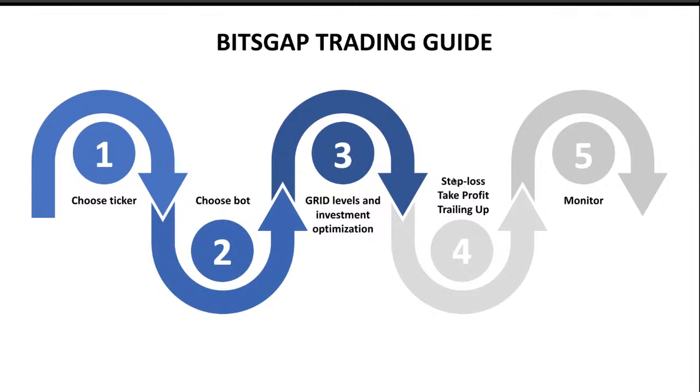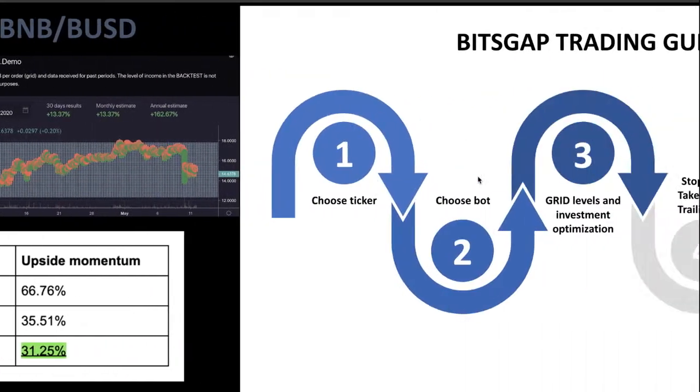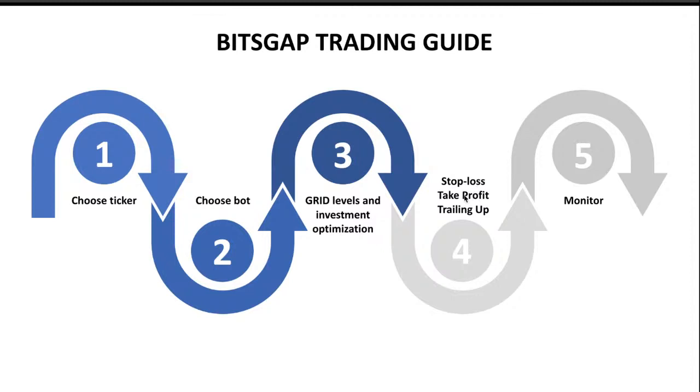And using features like stop loss, take profit, a brand new feature, and the trailing up, which I have already explained, you will be able to construct automated trading bots, I mean strategies, to achieve maximized returns on the upside and the sideways market.